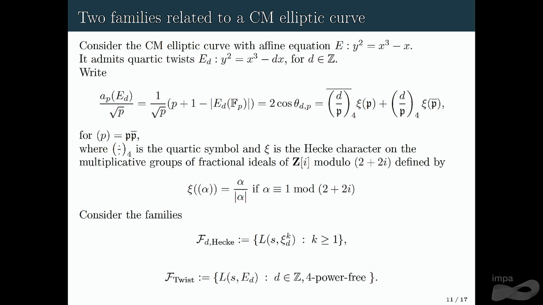And then we take quadratic twists of this elliptic curve, so I'm just putting a d in the equation here. What I mean by quadratic twist is that these elliptic curves have a bijection between the rational points in fields where the quadratic root of d exists.